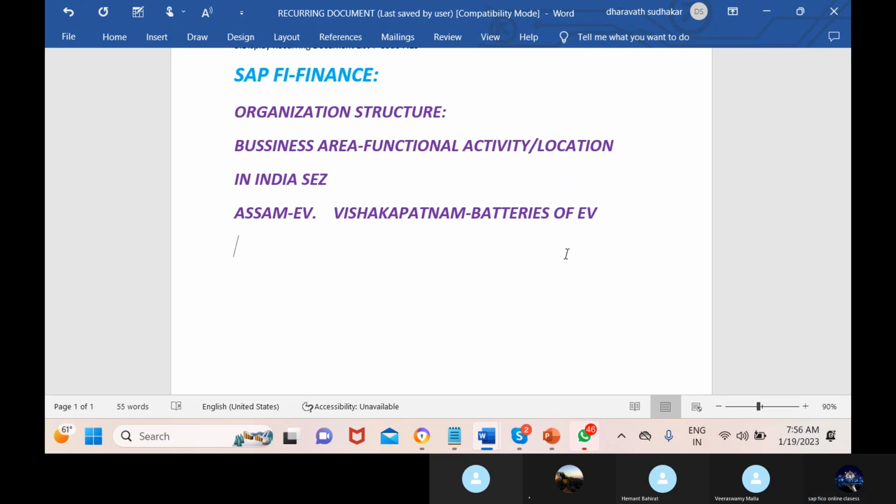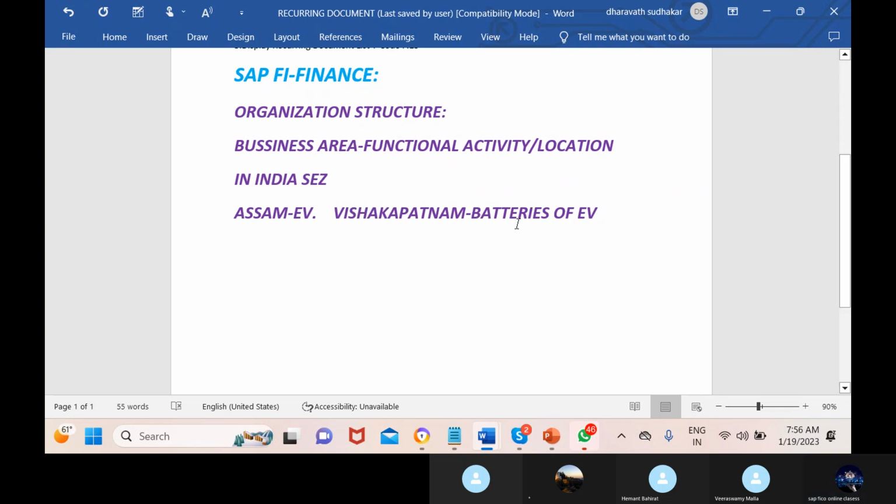Now for a single company code, we can have a number of business areas. But in our example, suppose our company holds five company codes.